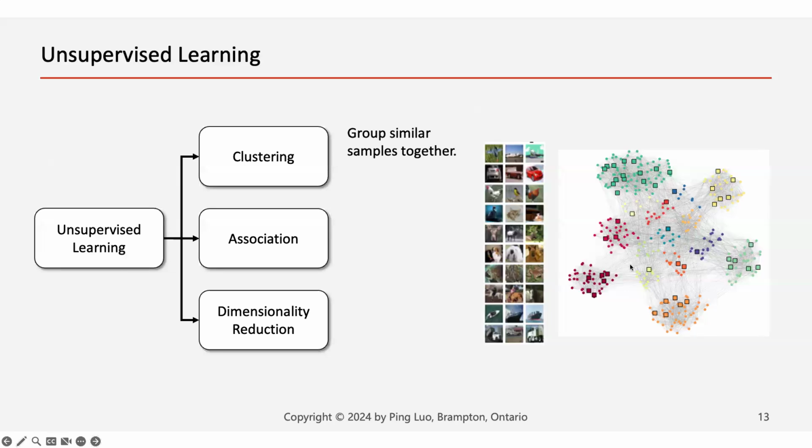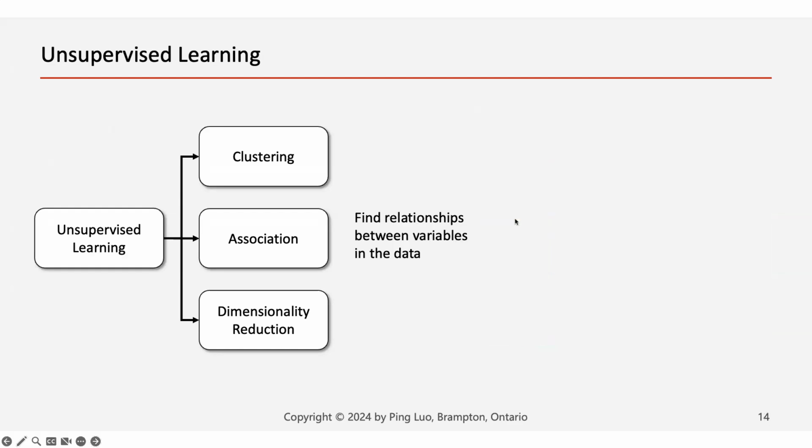For example, for all these 10 types of images, the model may divide them into different groups, each group representing a specific type, like a car or a cat. The thing is, assuming it divided them into 10 groups, the model doesn't know what each group is. It just tells you these images should be the same, but it could be a ship or it could be a cat. The model doesn't know what it is. It just tells you they are in the same group.